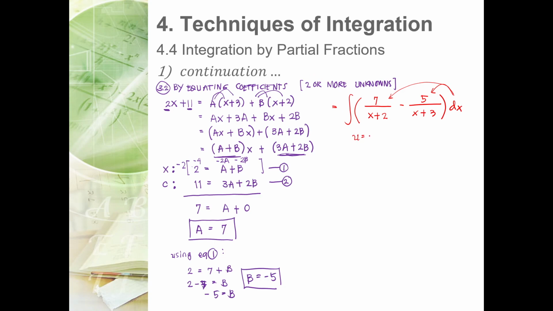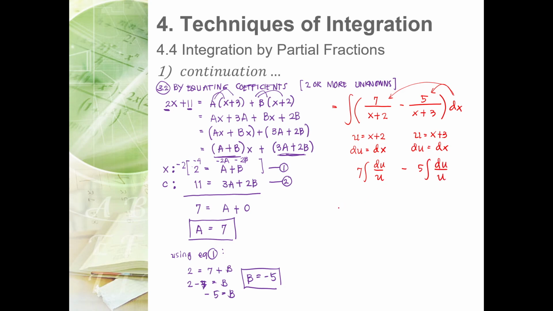So let u be equal to x plus 2. The derivative of u is equal to dx. Same goes for the other term: x plus 3, then du is still dx. So the two terms become 7 times the integral of du over u, then minus 5 times the integral of du over u.